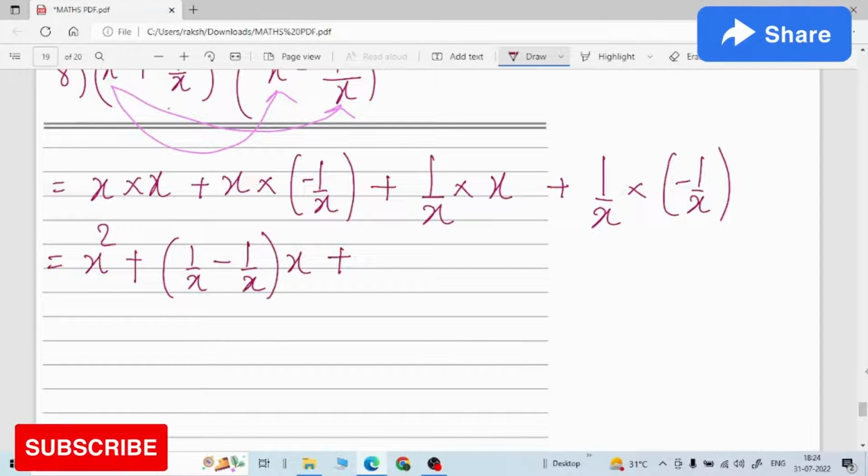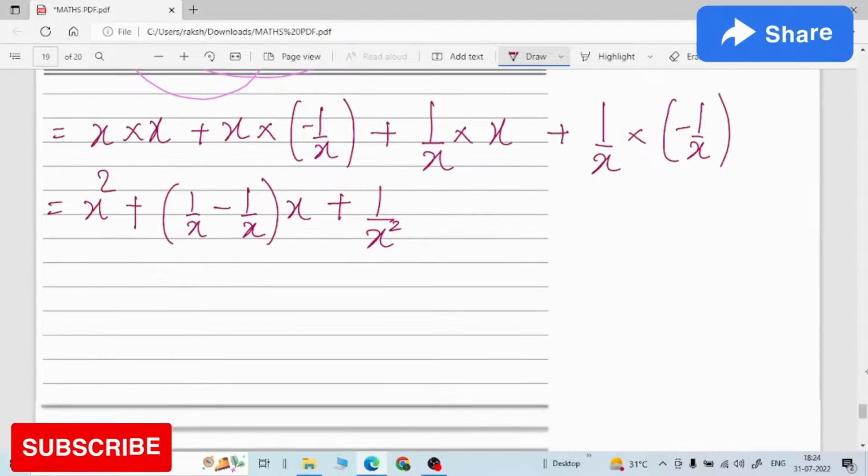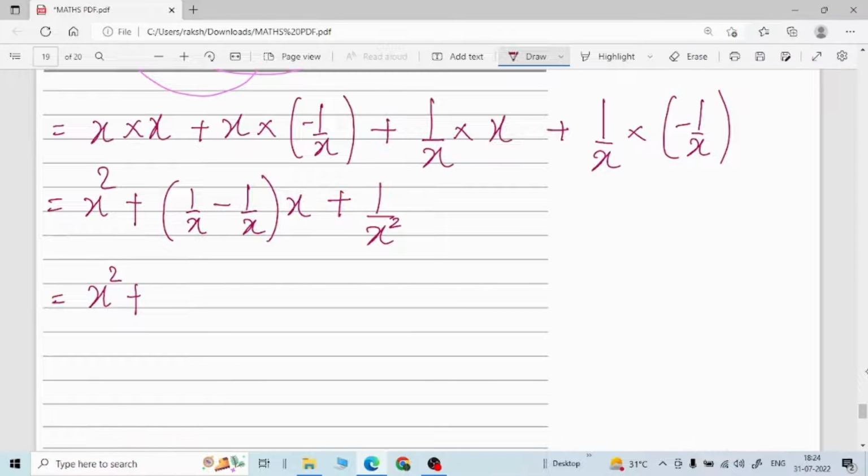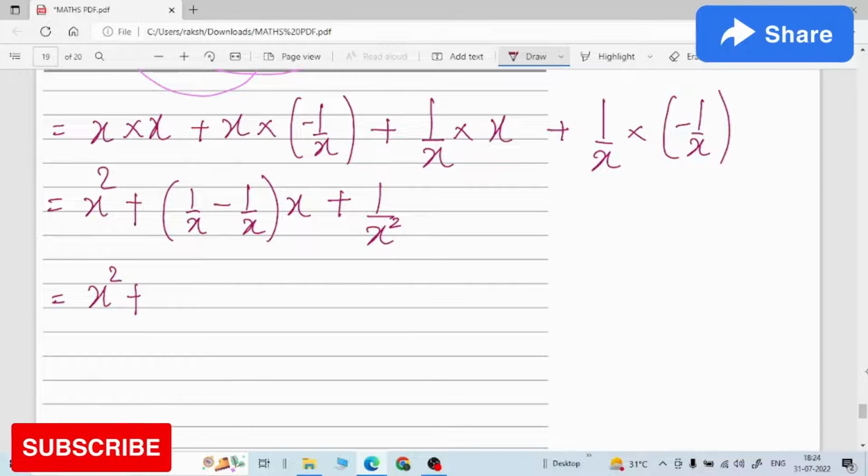Now we can multiply here. Yes, it is 1 upon x square, 1 upon x square. So x square plus, we can multiply here, so 0 upon x into x plus 1 upon x square.